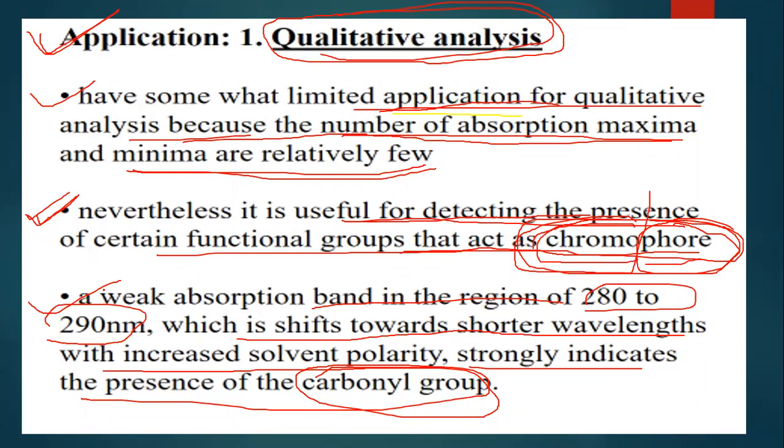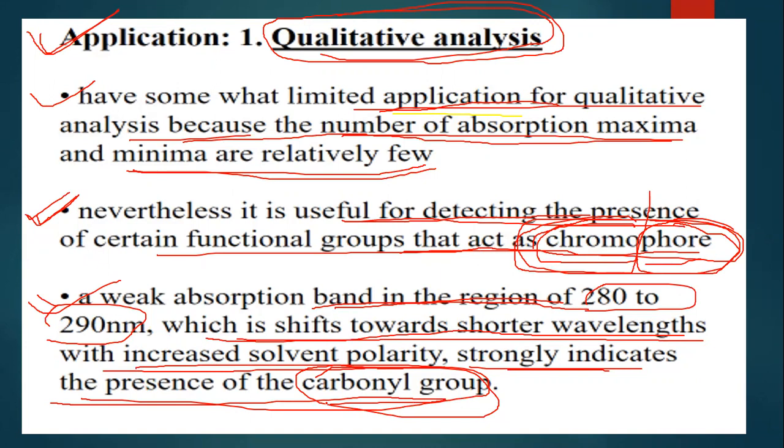A weak absorption band in the region of 280 to 290 nanometers, which shifts towards shorter wavelengths with increasing solvent polarity, strongly indicates the presence of a carbonyl group in the substance.